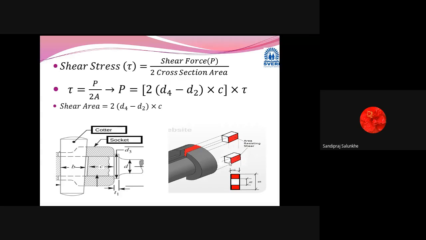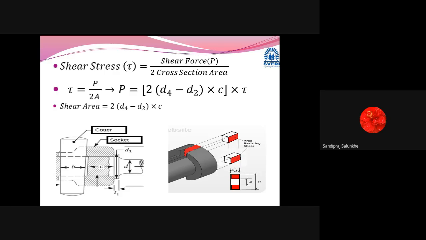That means the red area is not the only area; the area opposite to it is also undergoing shear. So while calculating the area which is shearing, we have to consider the total area which is going to shear out.